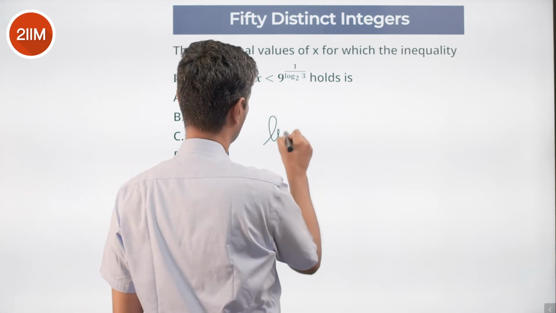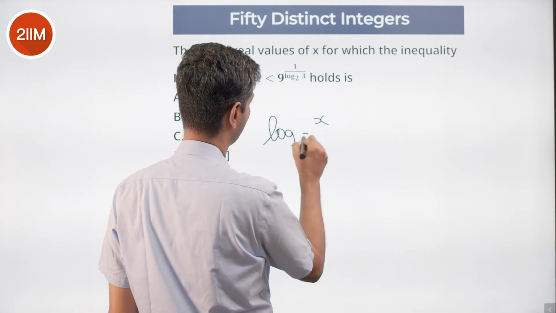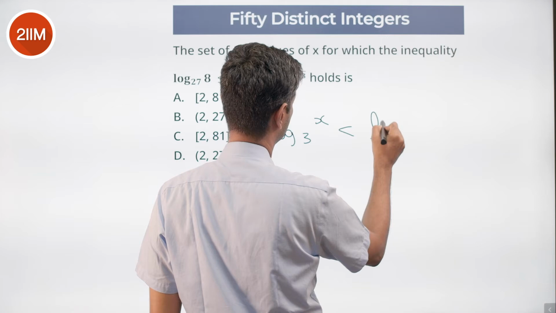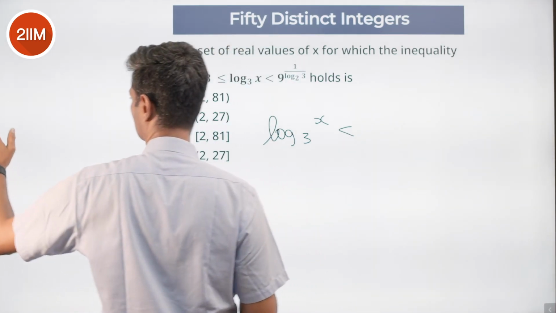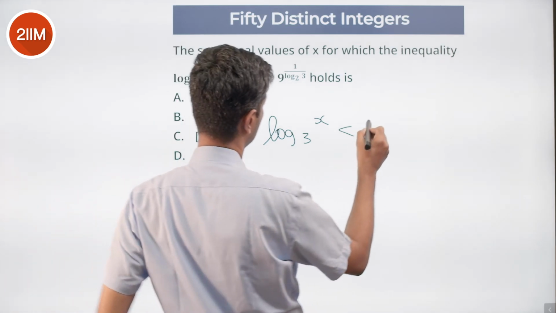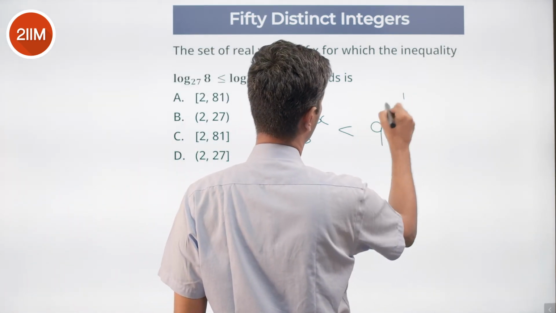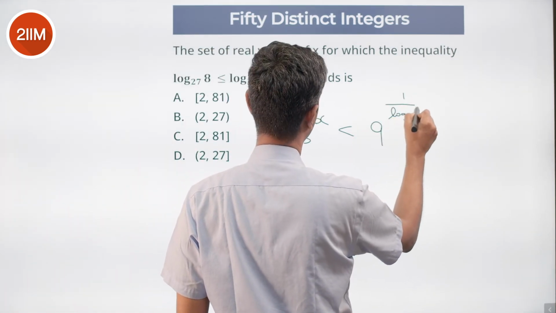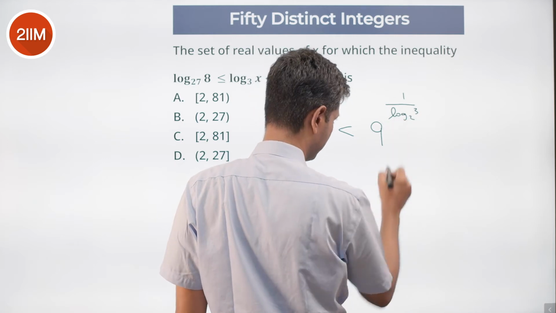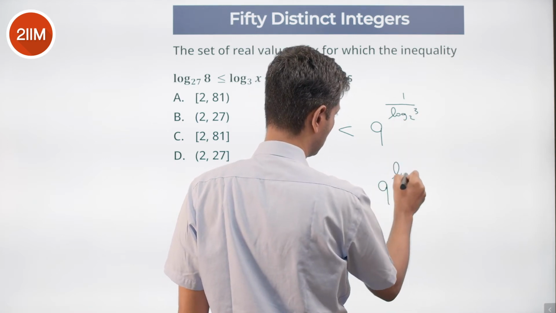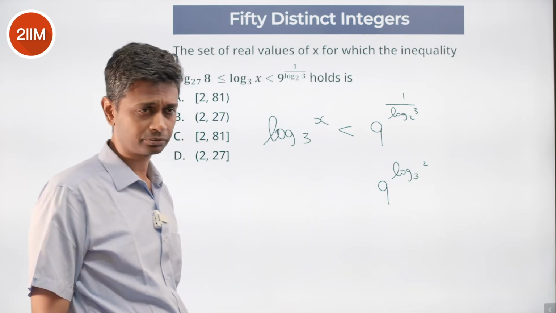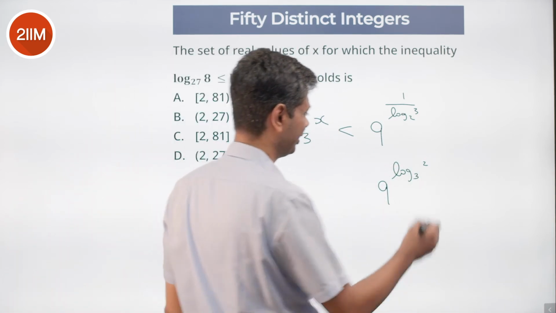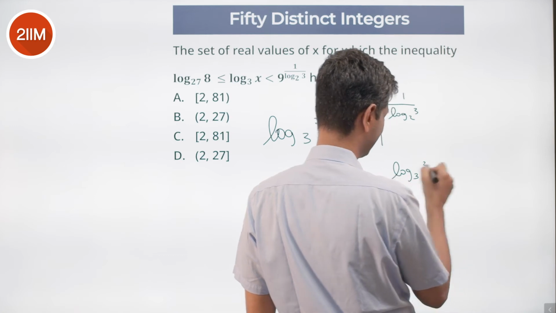This time we are solving for log x to the base 3 being less than 9 to the power 1 by log 3 to the base 2. Simplifying this, 9 to the power log 2 to the base 3. I want it to be on the 9 as the base.